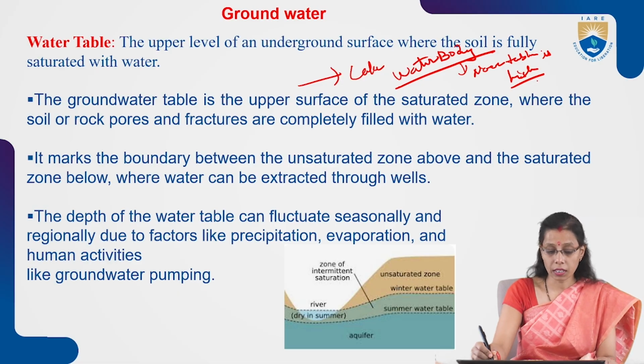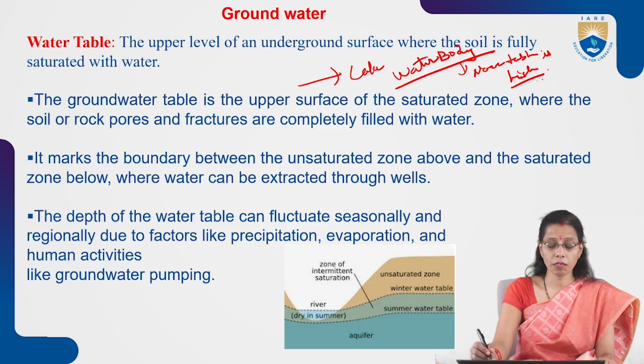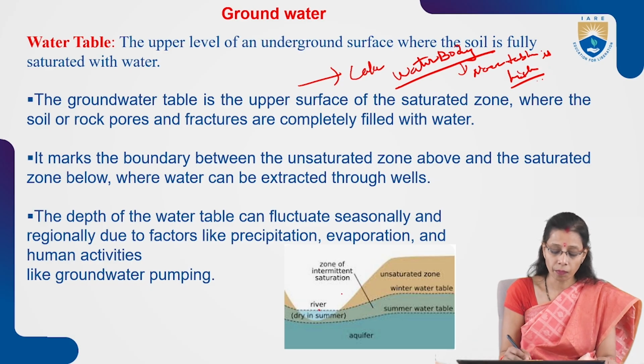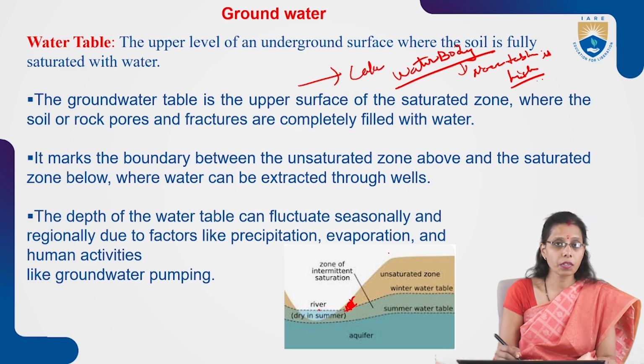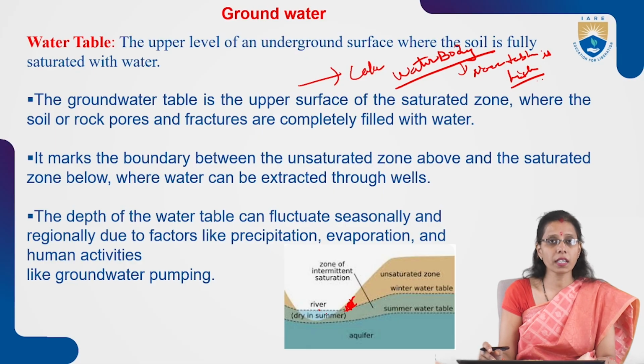When you see here, this is a river. Near this river, the area will already be saturated with water, because it is near the water body. It will percolate inside and become groundwater again.